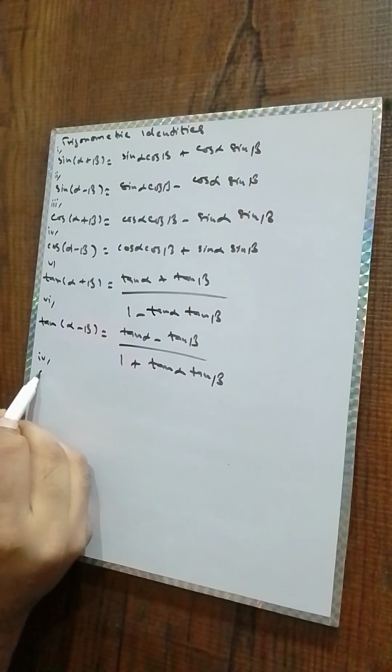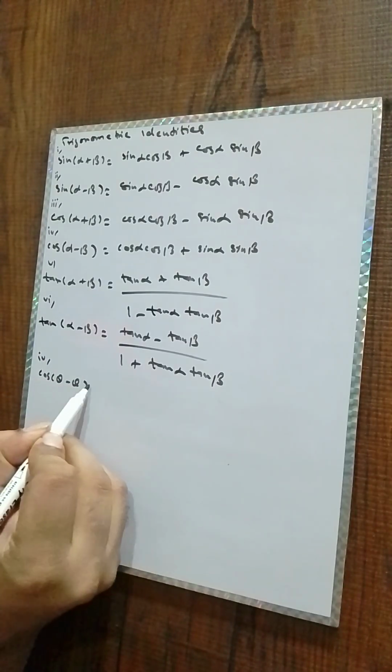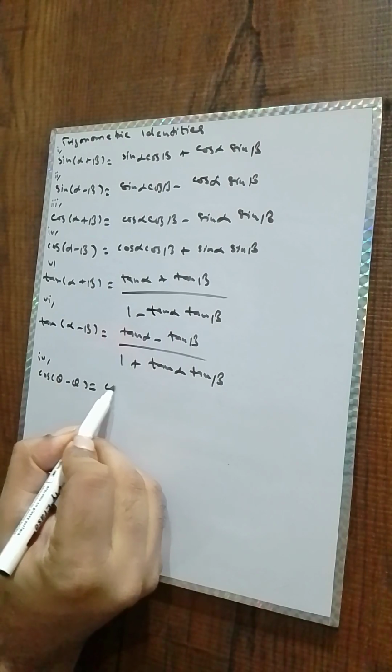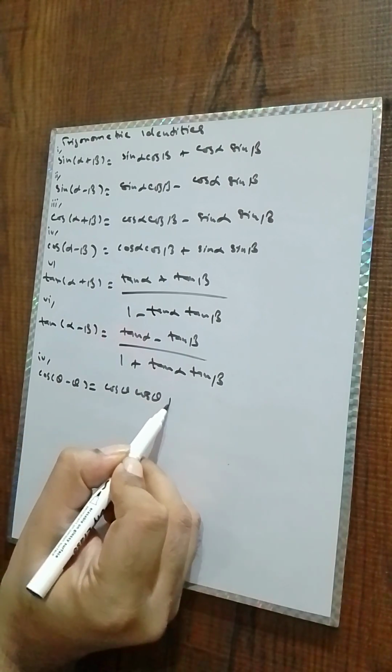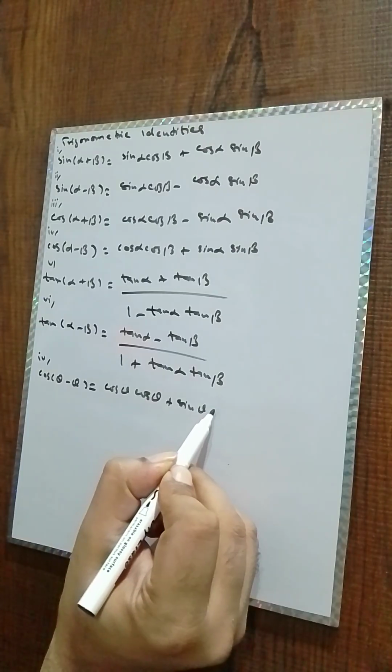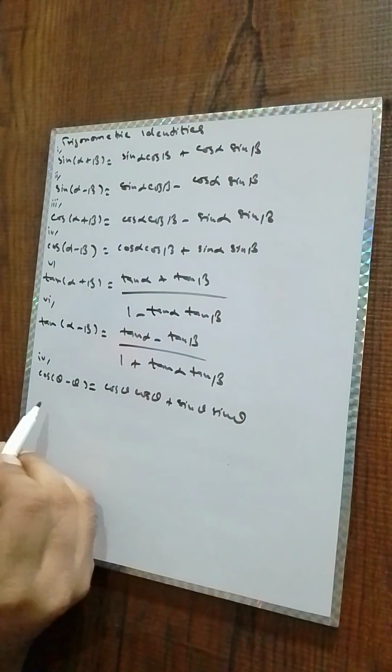we look into the fourth one, which is cos theta minus theta. It says cos theta cos theta plus sine theta sine theta.